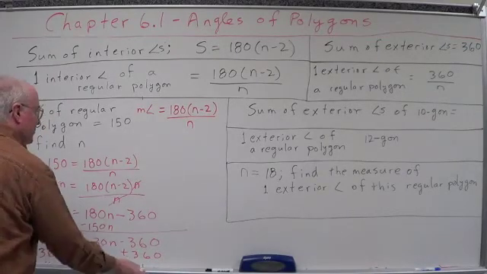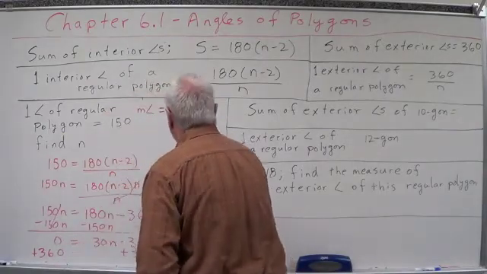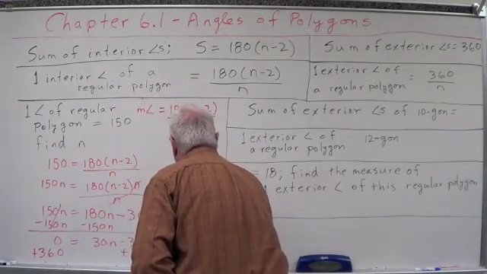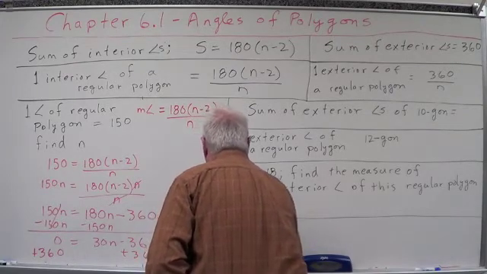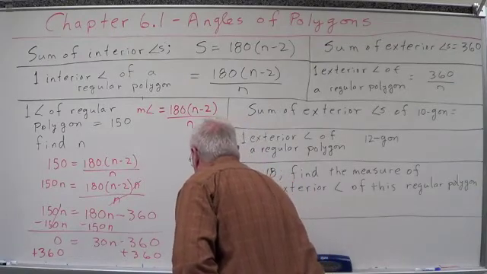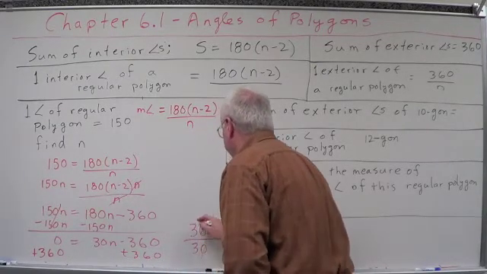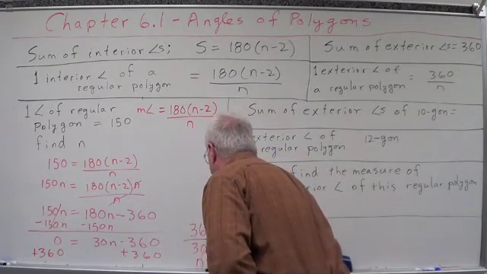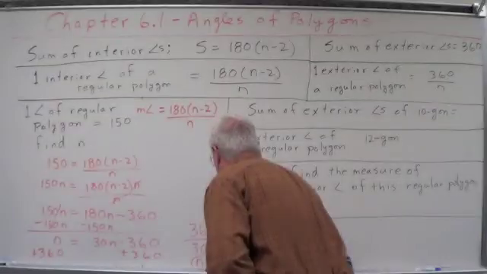We get 360 equals 30n. What are we going to divide by? 30. n equals what? 12.